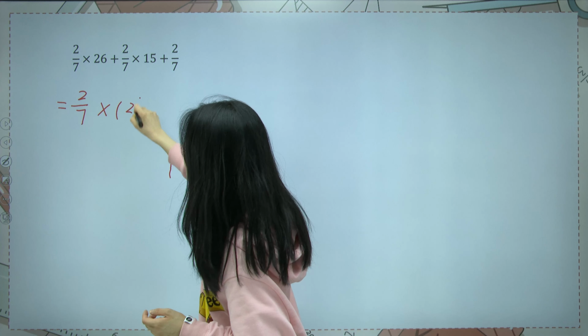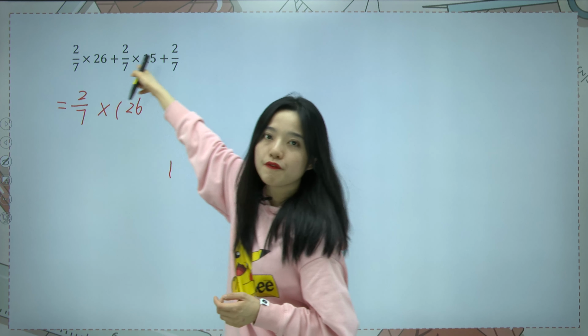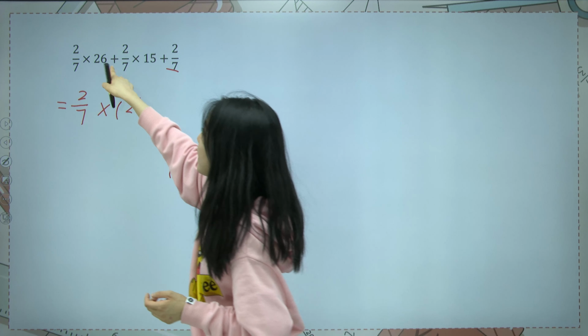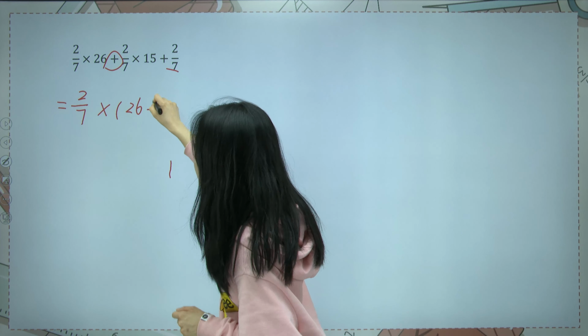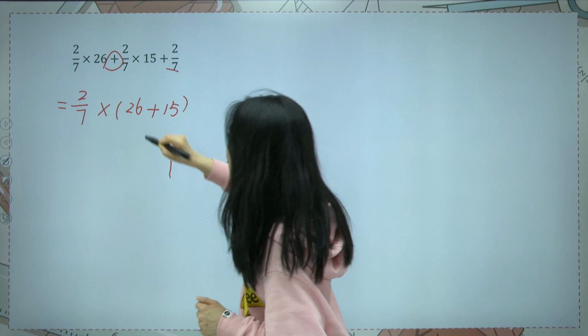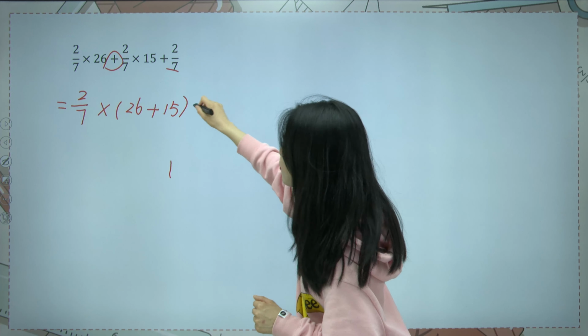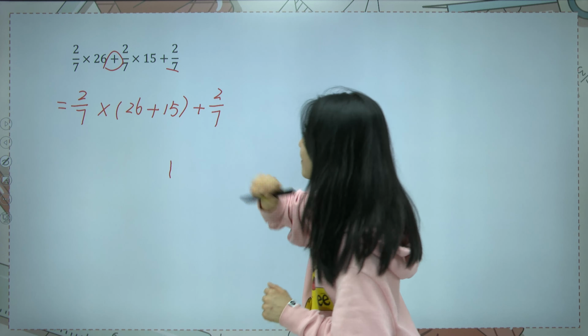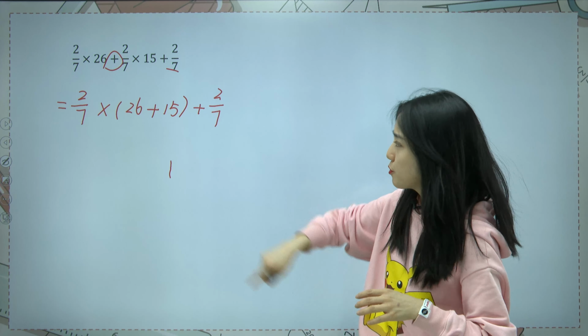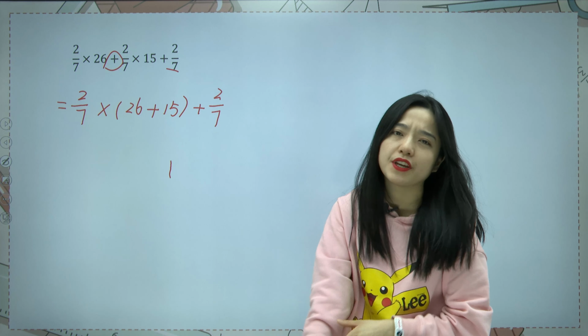That is 26, because between these, the first two operations, the sign is plus. So inside the brackets, the sign stays the same. It's still plus. And finally, don't forget this 2/7 at last. Okay, so now it seems still not that easy, because we still have a 2/7 left over here.